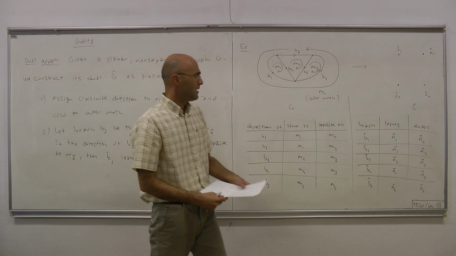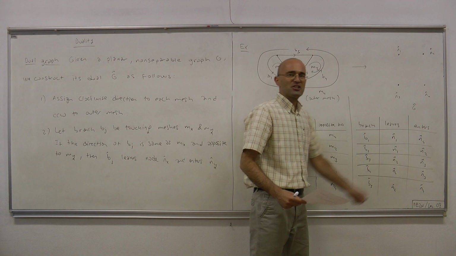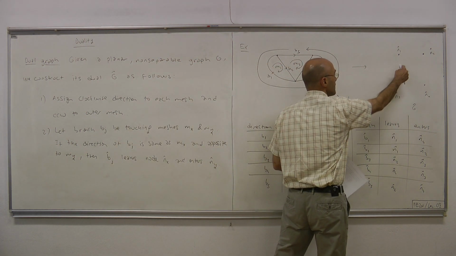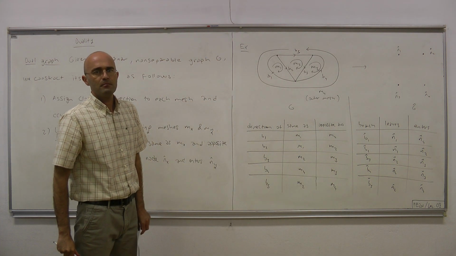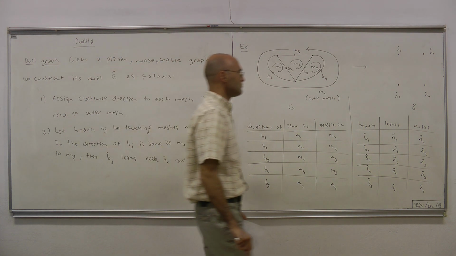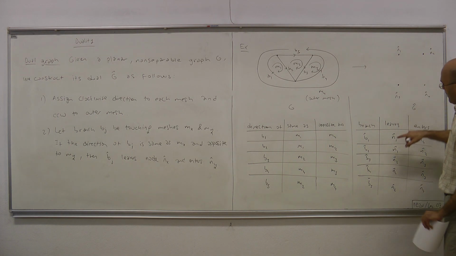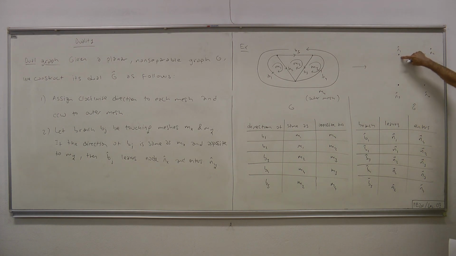Okay? Now here is our graph, but let's make it more visual. That is, let's translate this information into a picture. Okay. So here we have B1 hat. So B1 hat is leaving N1 hat and entering N4.